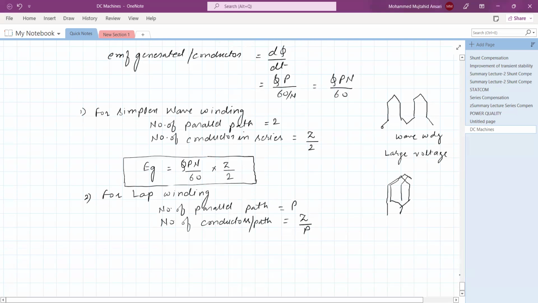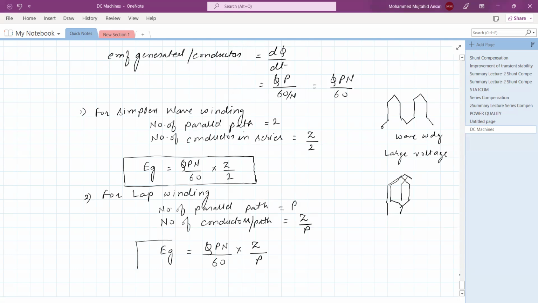So the EMF generated under such a condition, EG, is equal to phi Pn upon 60 into Z upon P. So P and P get cancelled, isn't it? So for simplicity, we write it as it is for the lap winding.